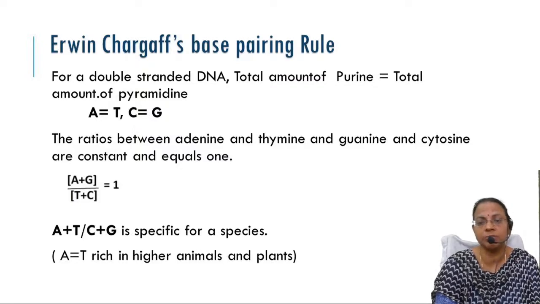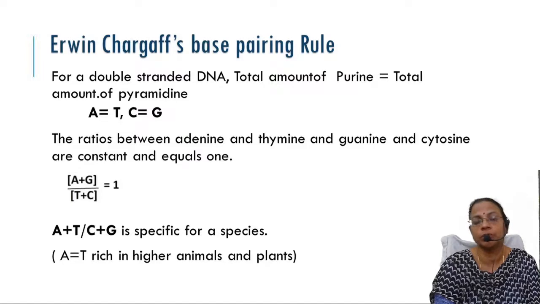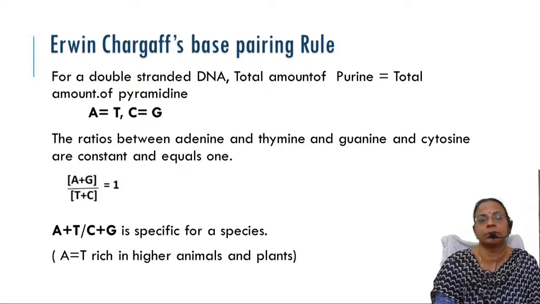So each and every species will have a specific ratio between A and T as well as C and G, and that ratio will vary from one species to another. All these concepts together comprise Erwin Chargaff's base pairing rule.